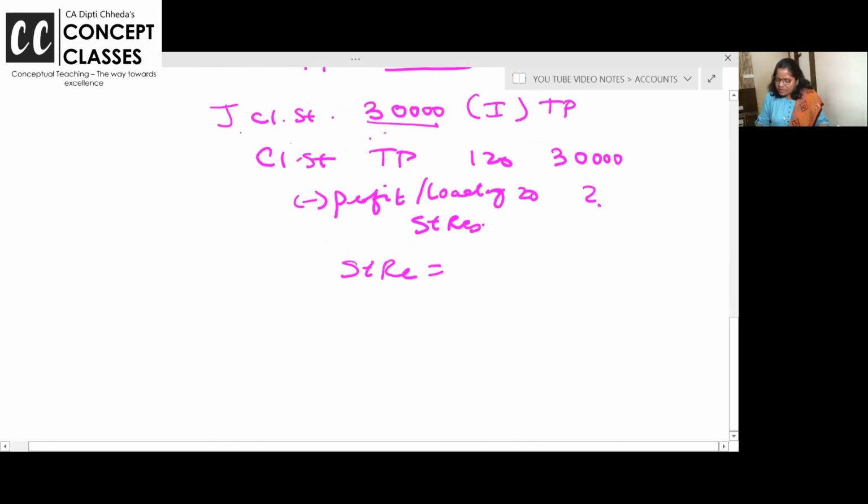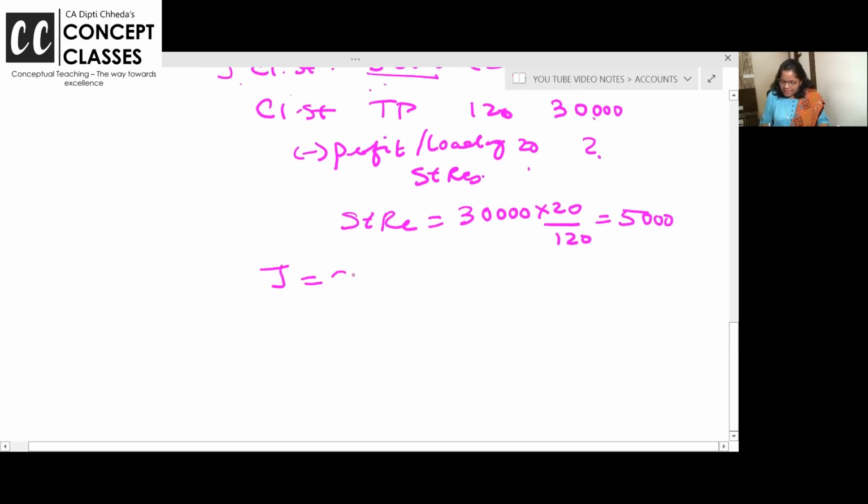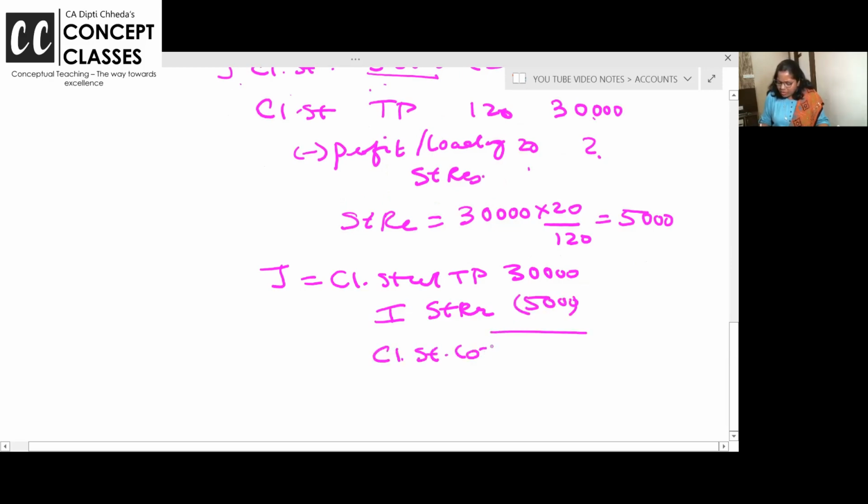So the stock reserve is, in 120 the loading is 20, in 30,000 how much? 30,000 into 20 divided by 120, which is 5,000. Now we can say J is saying I am having closing stock at transfer price 30,000, but I's loading or stock reserve is 5,000 and closing stock at cost is 25,000.